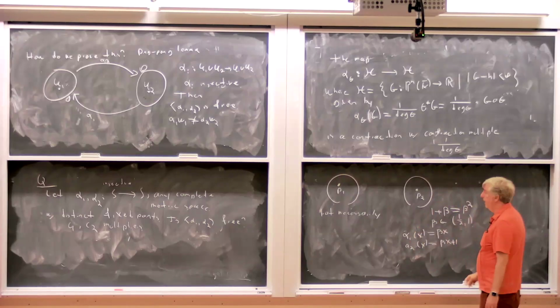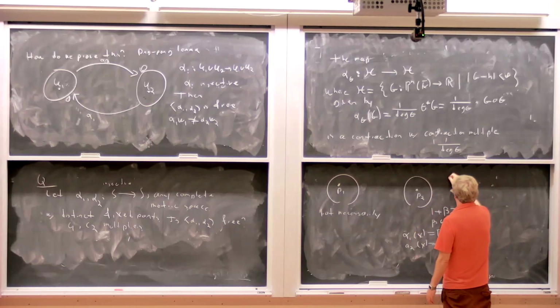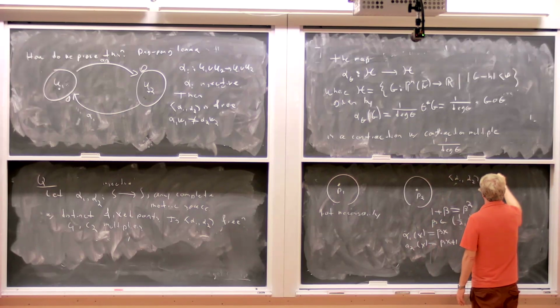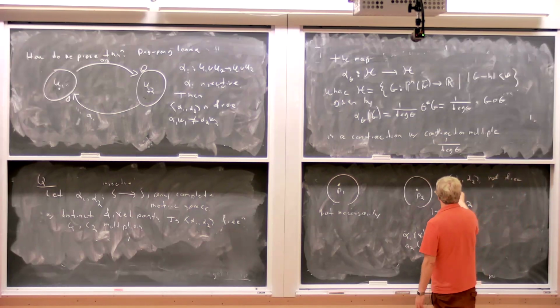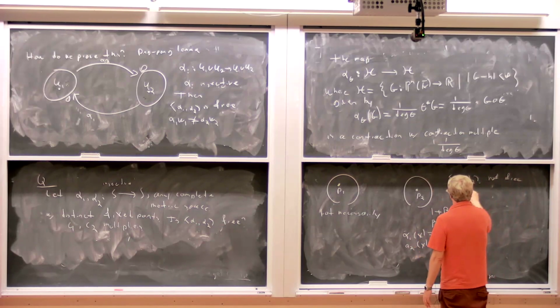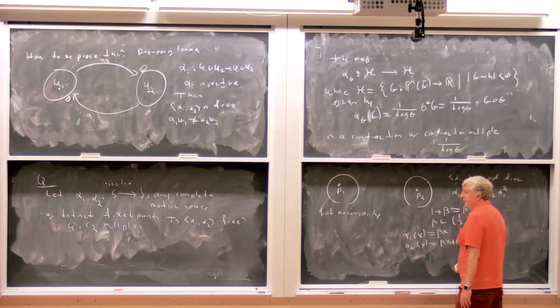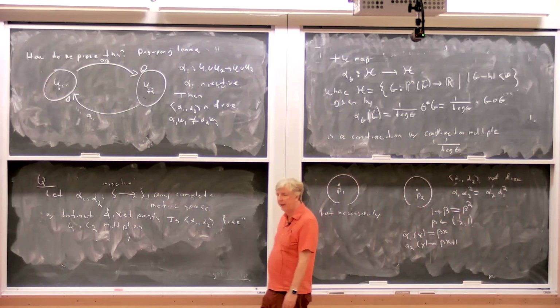This is not free. This isn't too hard to work out. What ends up happening here is that alpha 1 alpha 2 squared is the same thing as alpha 2 alpha 1 squared. Just totally elementary.